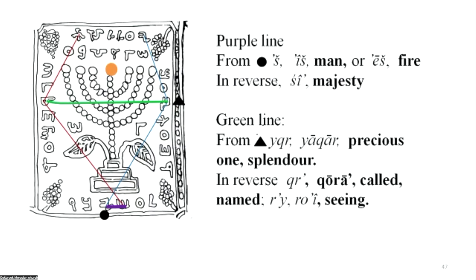But the green line, which is his halfway house, if you read it across from the triangle, you get the word precious one or splendor. If you read it from the other side, from the left, it says the one who is called or named, or the one who sees.